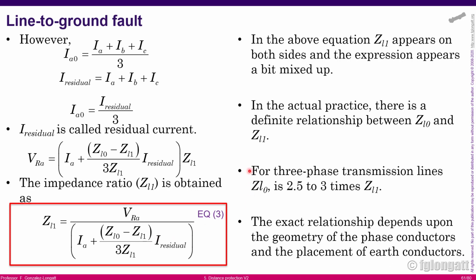What we can do here is try to simplify the equation making a few assumptions. For instance, a typical assumption is defining a relationship between the zero component and the positive component. For three-phase transmission lines, typically the zero sequence impedance of one transmission line is between 2.5 and 3 times the positive sequence, okay?